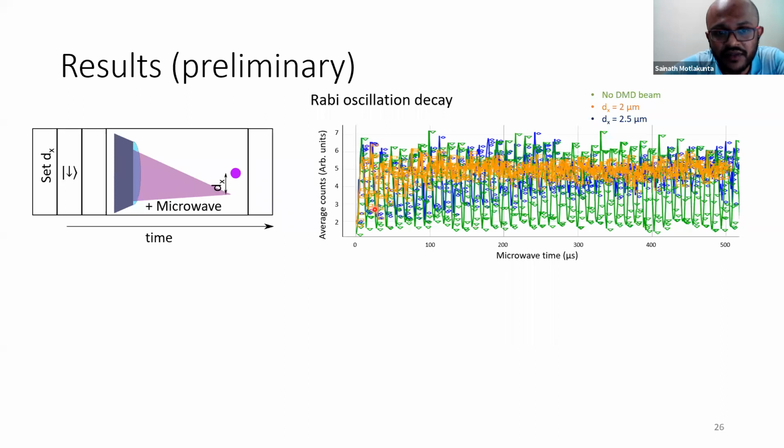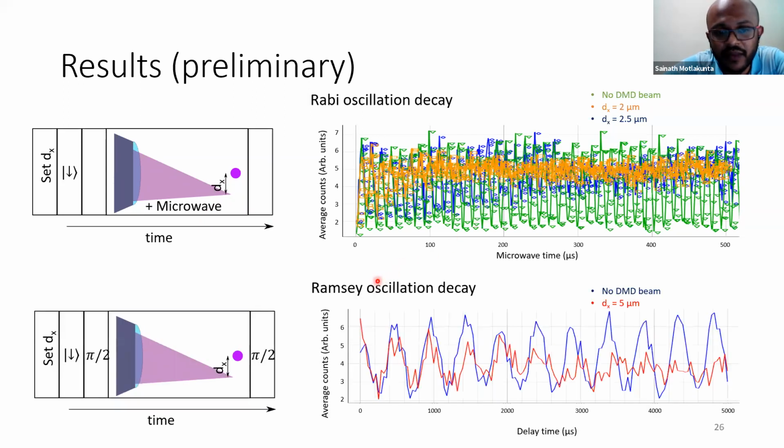The green curve shows the Rabi flops without the influence of the DMD beam, and as we move the beam closer to the ion, we see that the coherence time becomes shorter. You can see that the orange curve features a smaller coherence time than the blue curve, because the beam was closer to the ion.